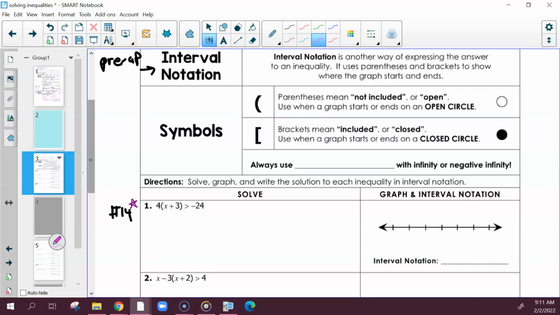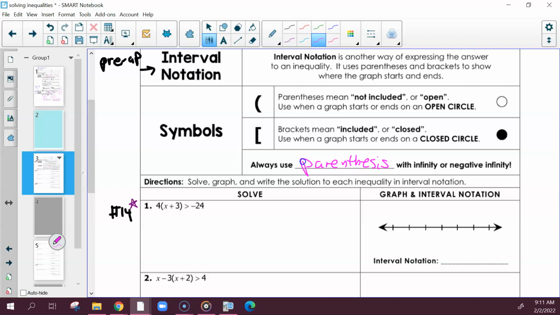When we have x is greater than 3, that means it starts at 3 and keeps going all the way to positive infinity. If I had x is less than 3, it would start at 3 and go all the way to negative infinity. So here we use infinity or negative infinity, and we need to use parentheses anytime it goes to one of those.